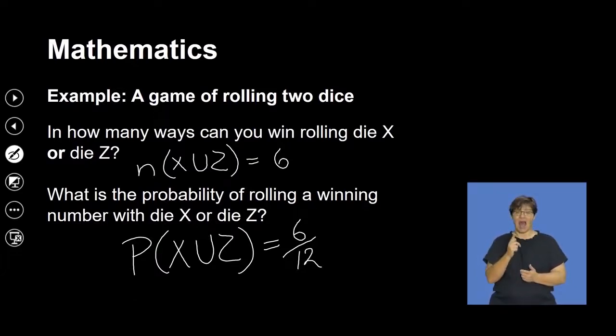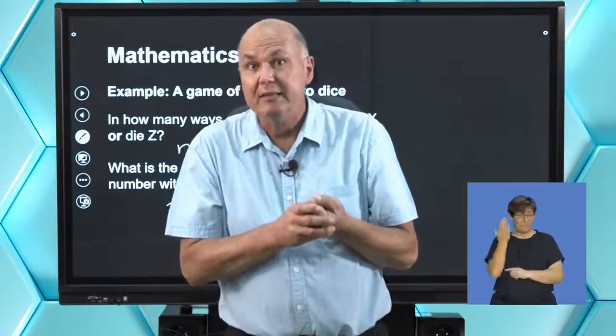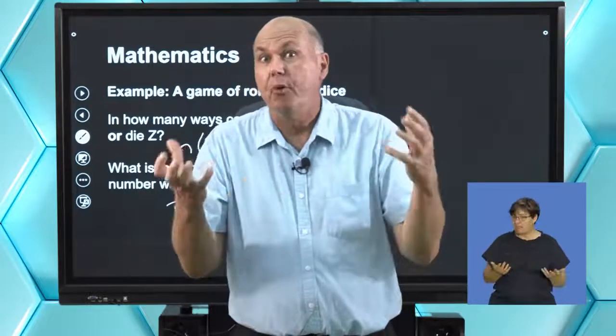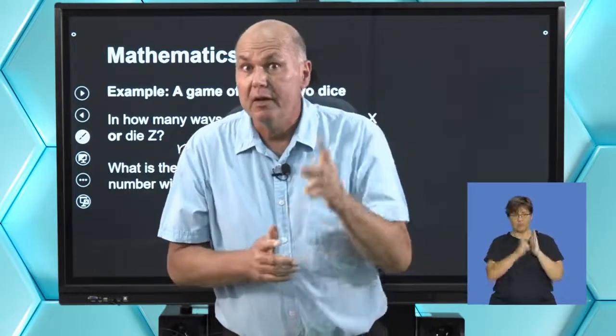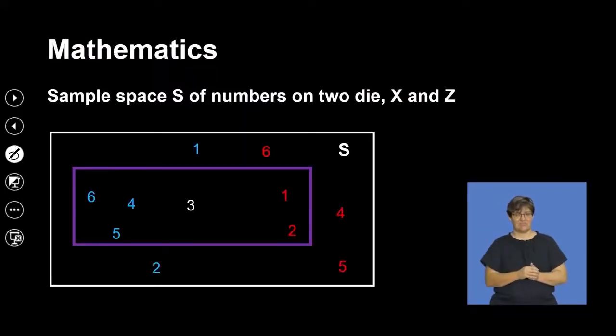Now, if you look at that, that's a very interesting result, because if you remember what we've calculated earlier, it kind of breaks down a rule. But let's have a look. So if you look here, you'll recognize that we've only got 6 numbers in this union. And so that's why I've indicated this as the union of X and Z. There are 6 numbers, and you can see them very clearly.